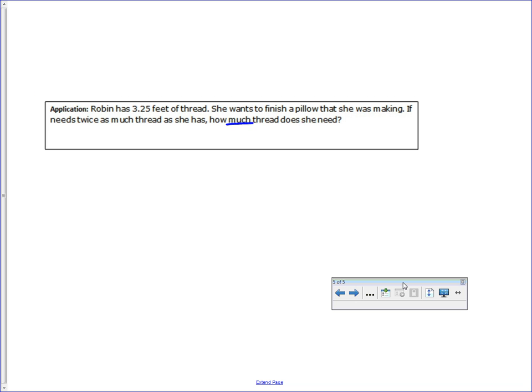So we need to find information that has to do with the thread. So I know she has 3.25 feet, but she needs twice as much. So twice as much means that I'm multiplying by 2.